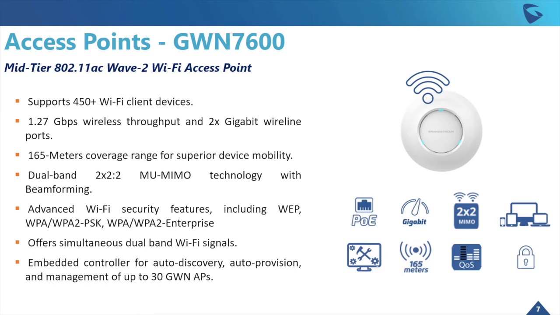Like GWN 7610, this model supports the encryption protocols WEP, WPA, WPA2, and it comes with a built-in controller that you can use to manage and control up to 30 access points.